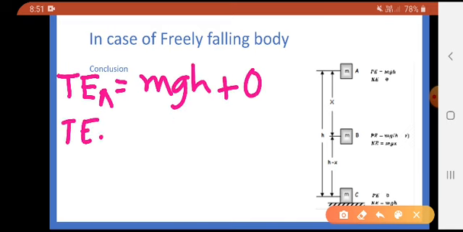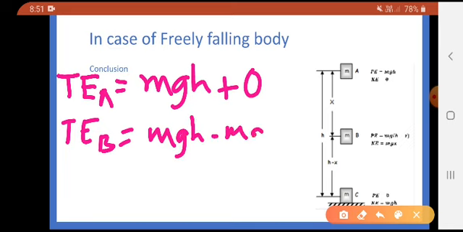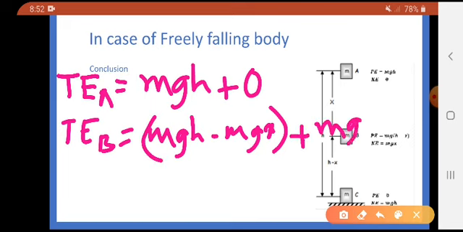Total energy at B equals mgh minus mgx, this is potential, plus mgx, kinetic.